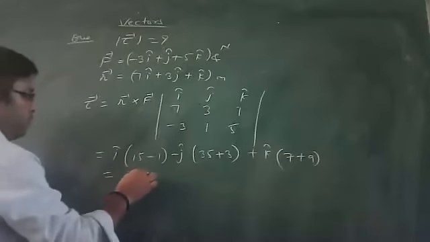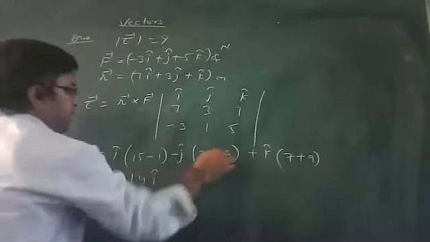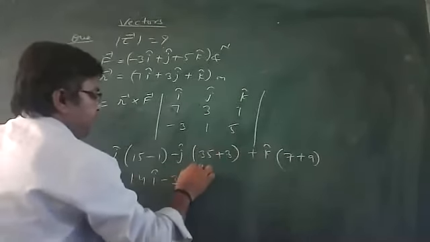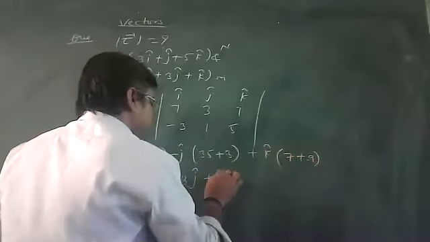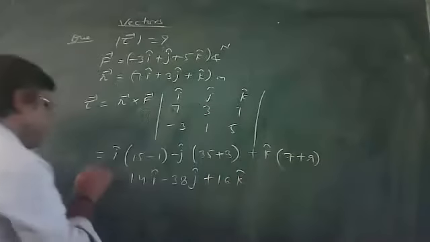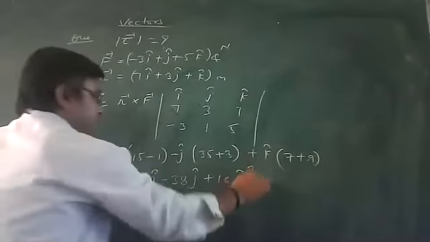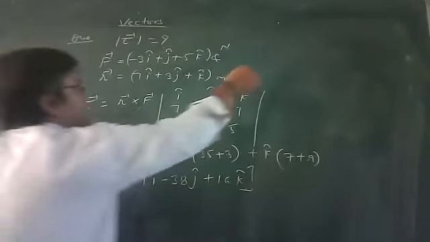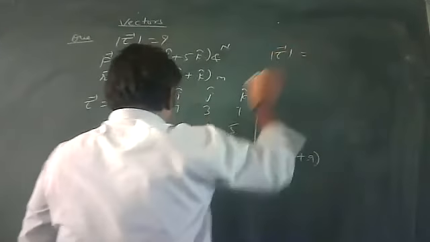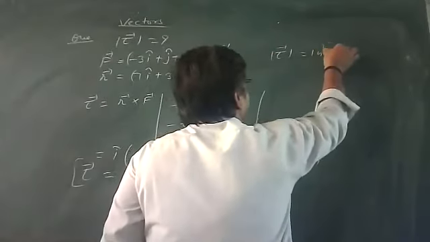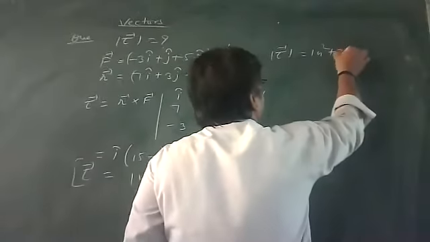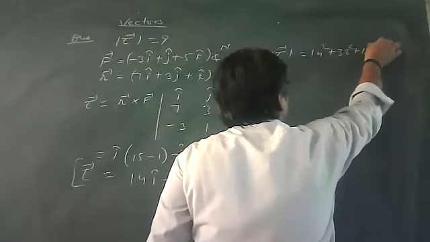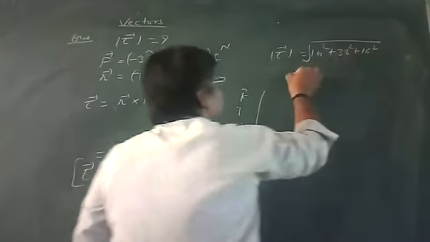The result will be 14 i cap, minus 38 j cap, and 16 k cap. That is the torque. It is a vector, and you need to find its magnitude. The modulus is the square root of 14 squared plus 38 squared plus 16 squared.